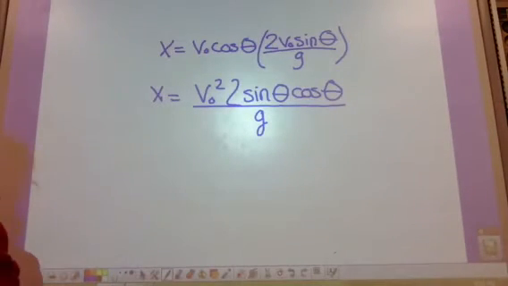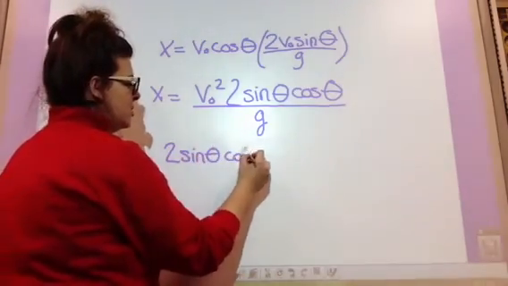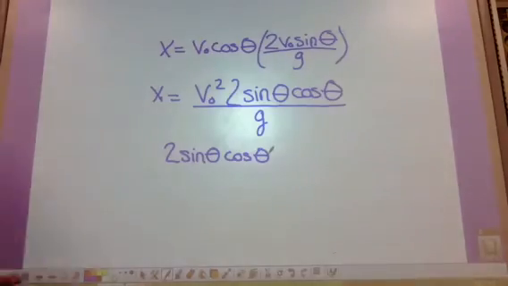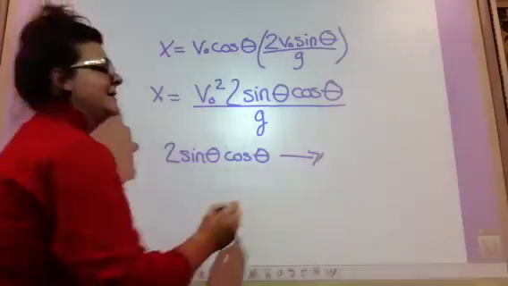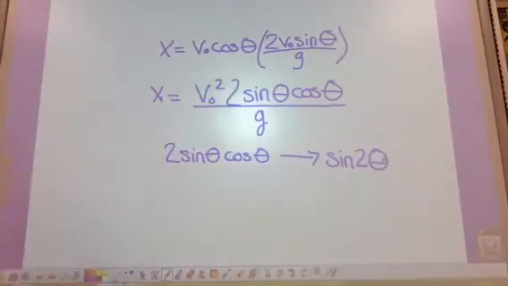Now, if you remember your fantastic trig identities, then you would know that 2 sine theta cosine theta, I could write a different way, which is sine 2 theta. And to clean this up, that's exactly what I want us to do.